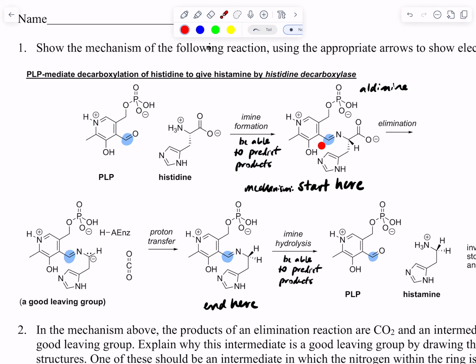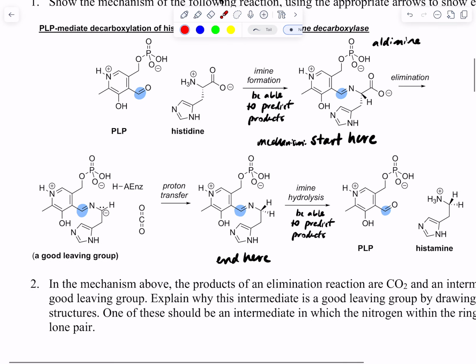For the elimination, you should be able to draw the mechanism. For proton transfer, you should be able to draw the mechanism. Imine hydrolysis, again, you should be able to predict the product with no help, but not the mechanism here.